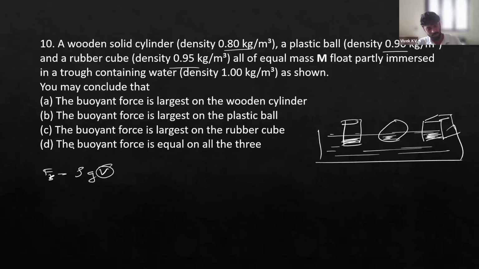So the buoyant force will be largest on the wooden cylinder because it will have the highest volume submerged, and hence the highest buoyant force.